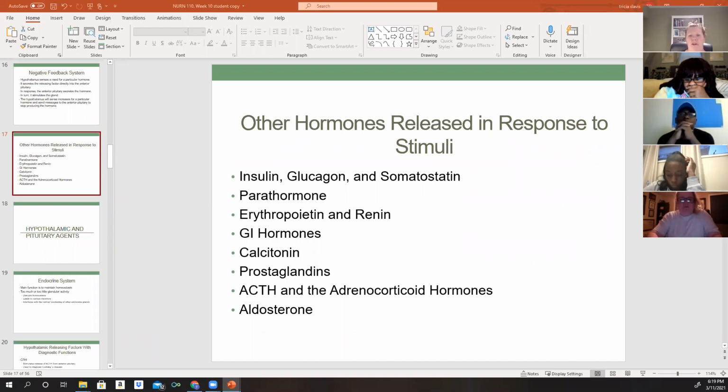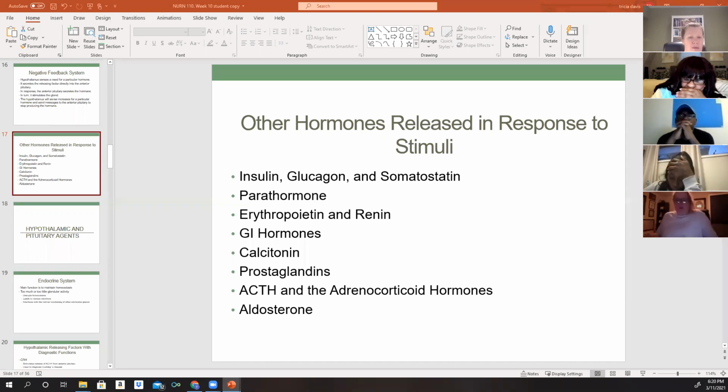So we also have other hormones that are released in response to certain stimuli in the body. So the pancreas produces and releases insulin, glucagon, and somatostatin. The parathyroid glands are responsible for releasing parathyroid hormone, parathormone, in response to calcium levels in the immediate region.